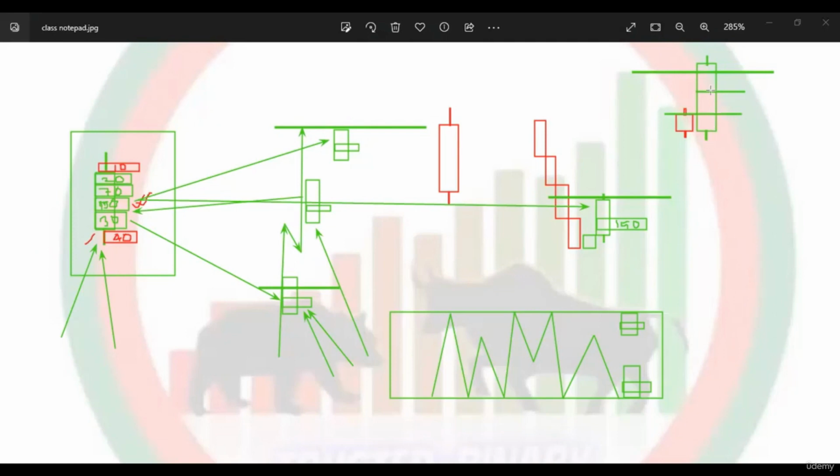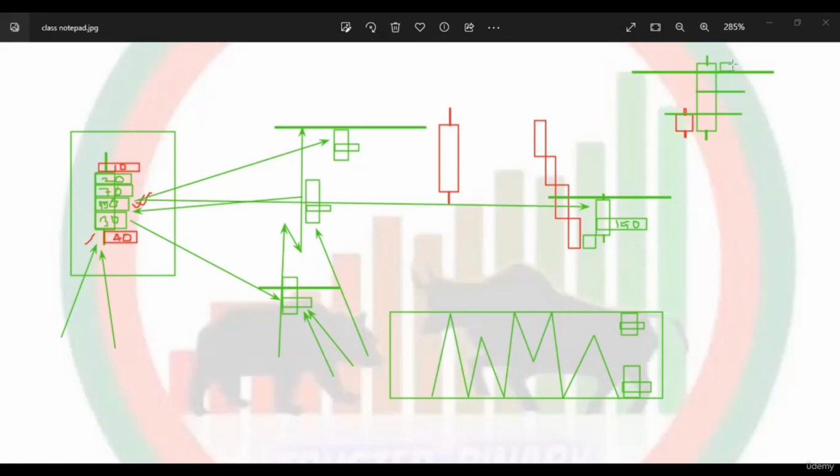SNR means after a breakout of any level, previously it was resistance when the candlestick is here. But when breakout happened, now it will act as a support. That means when the market is here, that will act as a resistance level for this green candle. But when the green candle broke this level, now this level is acting as a support level. You will get again and again the example that the market will not come back to this area for rejection.